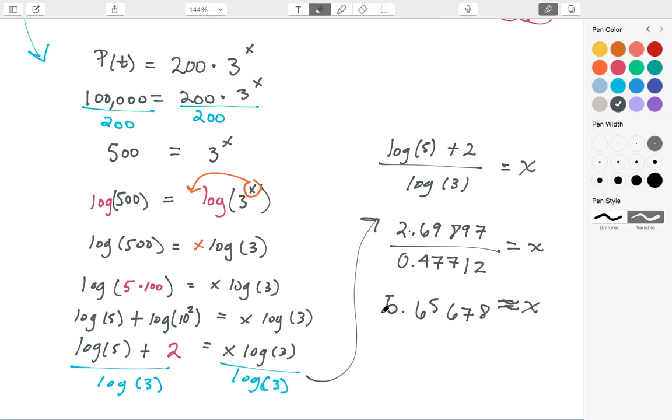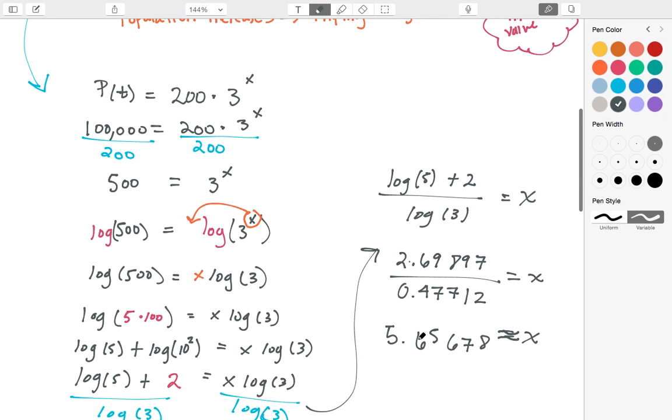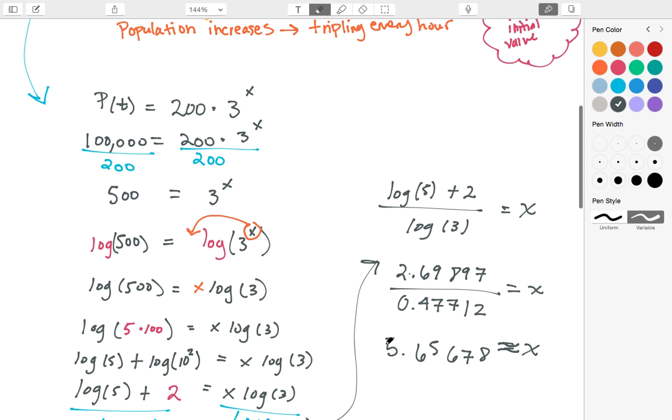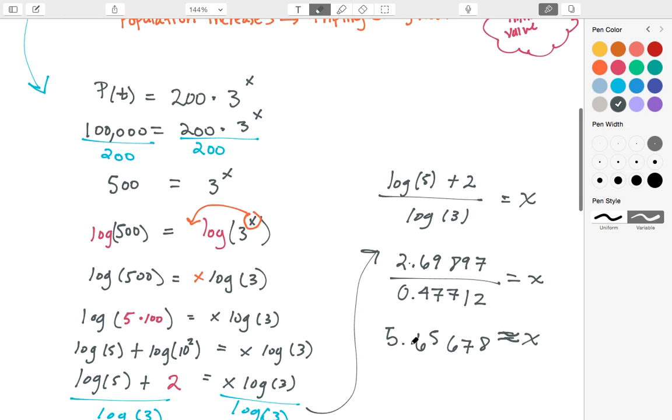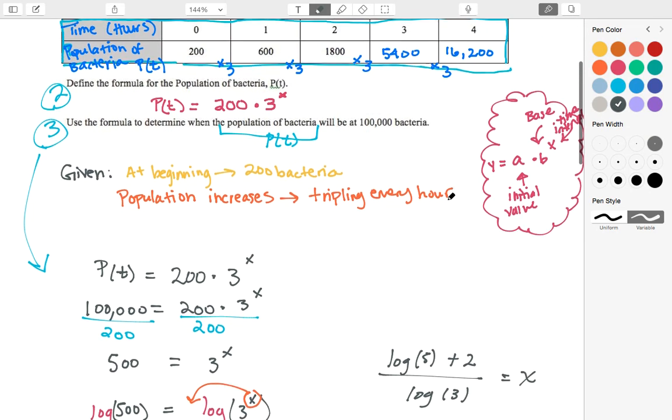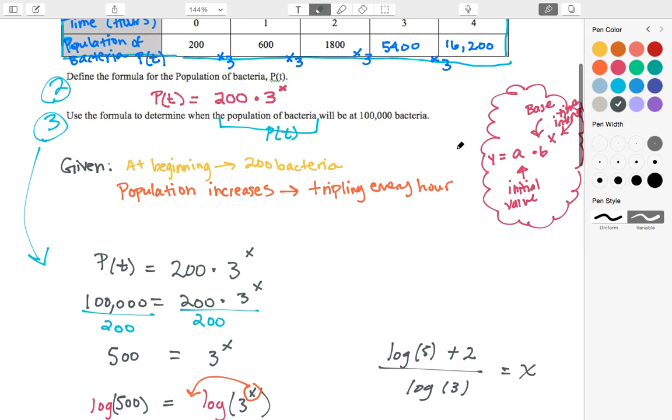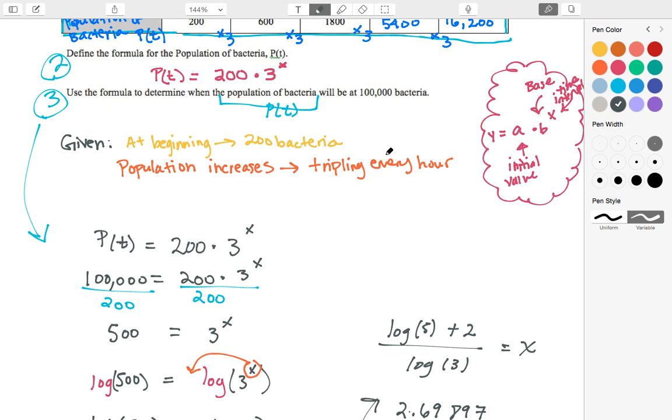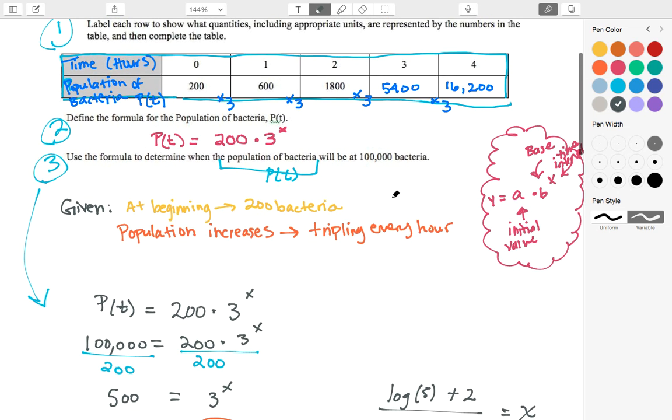So those are the wavy lines. This just means that at a little over 5 hours, the population will be at 100,000 bacteria.